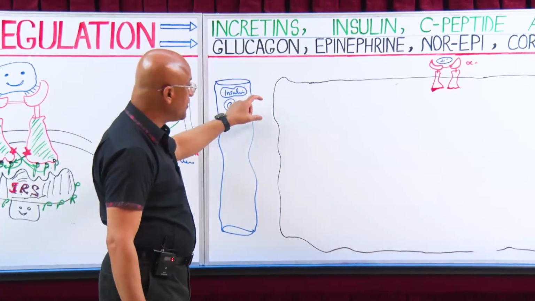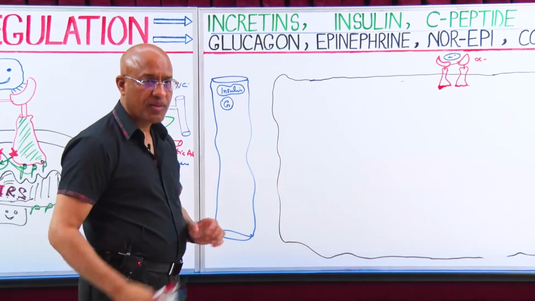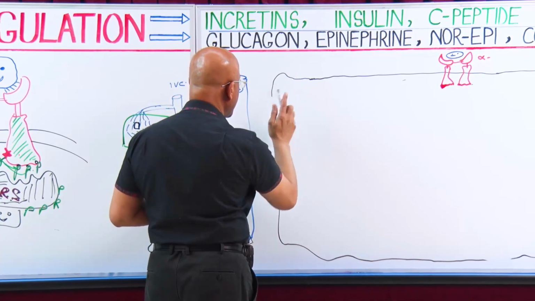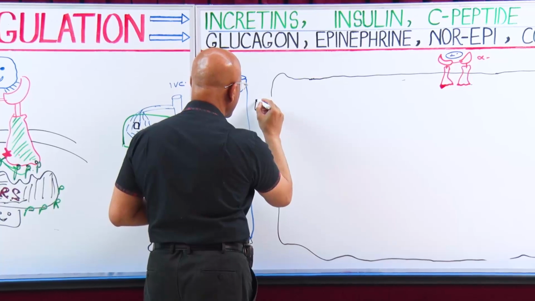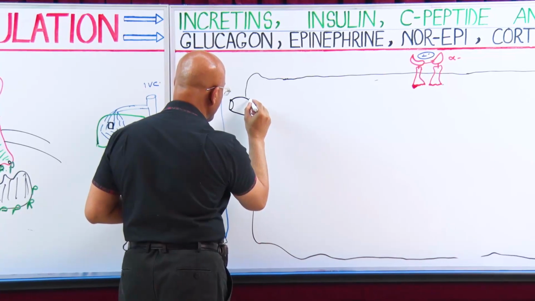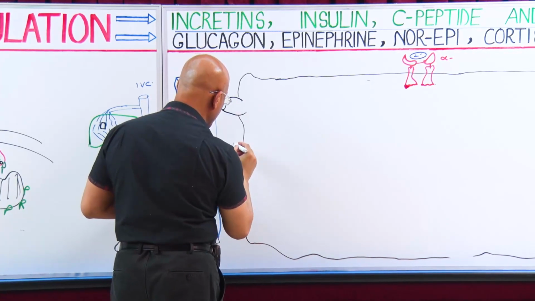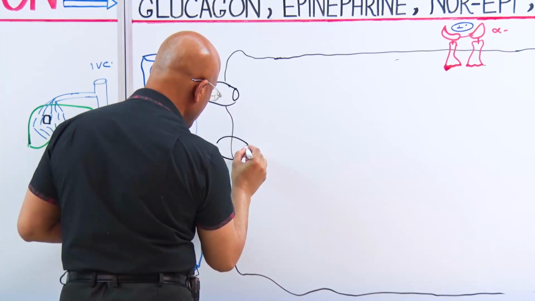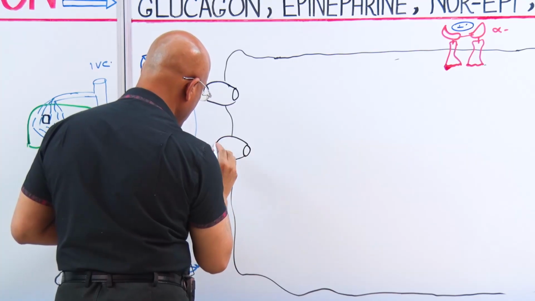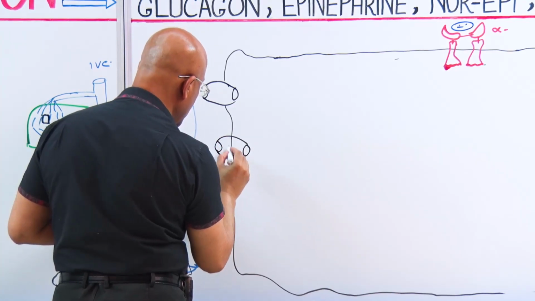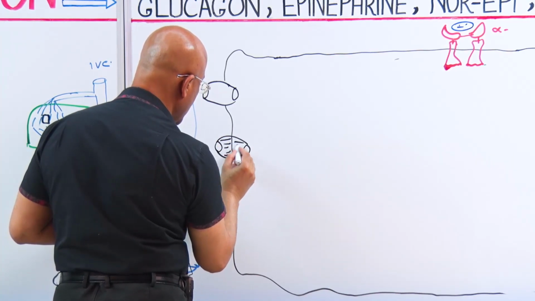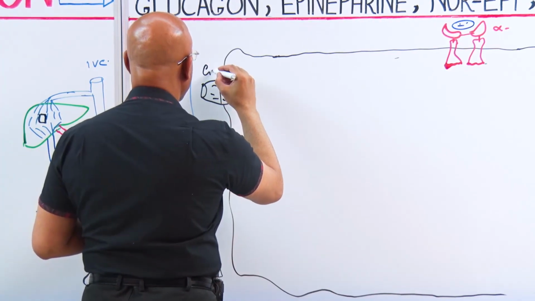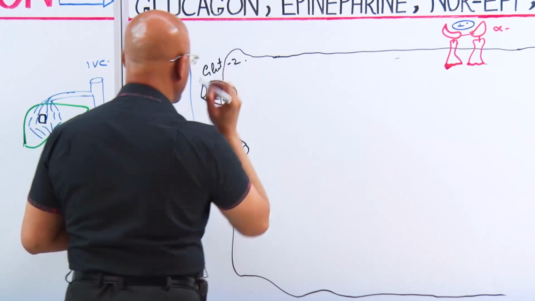But what kind of uptake occurs? Actually, hepatocytes also have glucose transporters, and these glucose transporters are GLUT2.